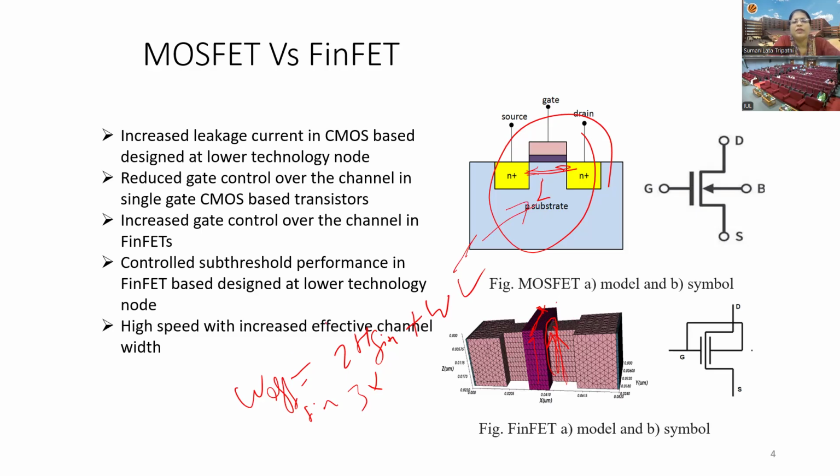The drain current is directly proportional to W by L, so if the effective width is increased, your drain current will also be increased. So for the same dimension we can increase the drive current, and if the drive current increases, it will be useful in faster switching.